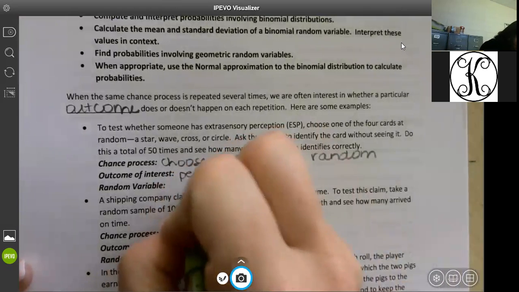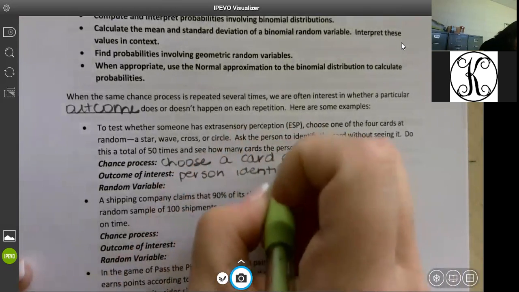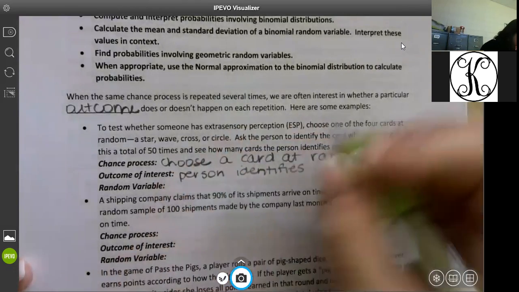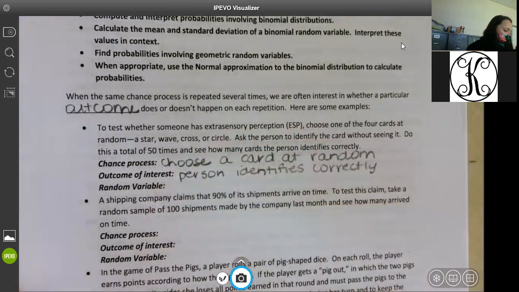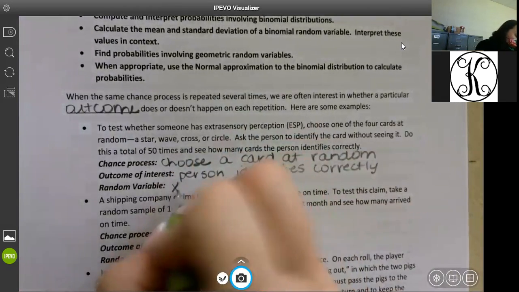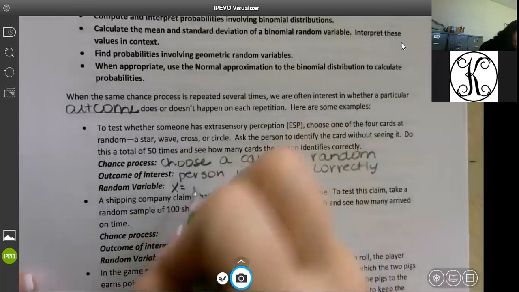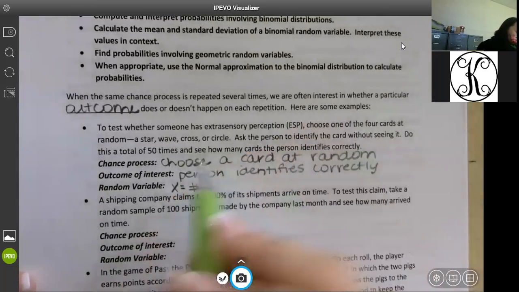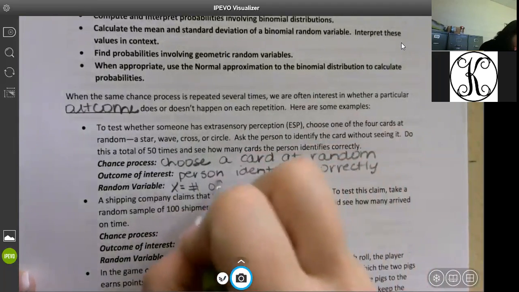The person will identify correctly. And then you want to identify your random variable. So we've been working with probabilities of X, Y, Z, whatever we're doing. So we're going to define what that X is. It says, see how many cards the person identifies correctly. It's going to be the number of correct identifications.